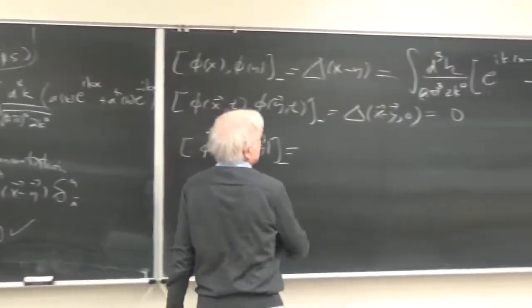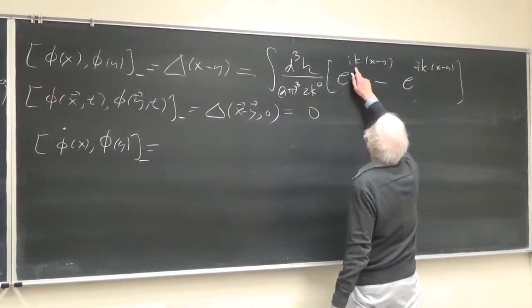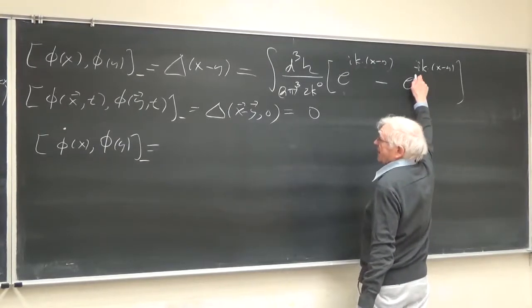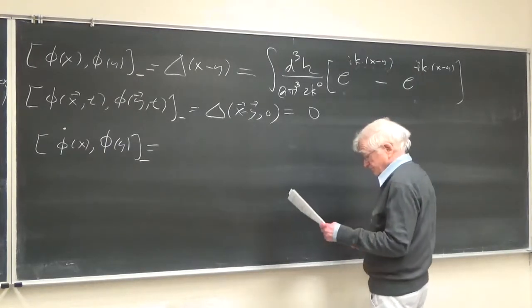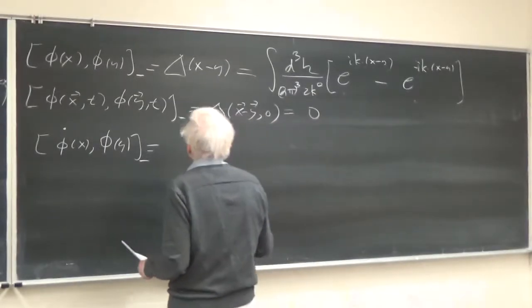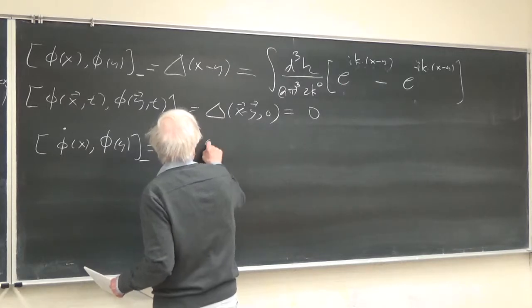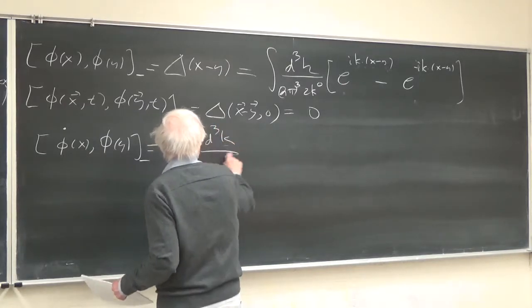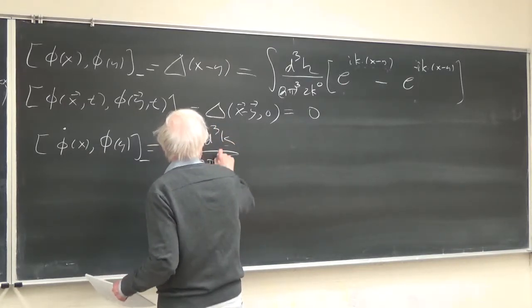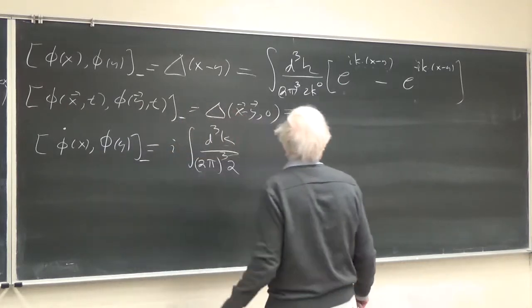Let's take the time derivative of this. Well, then we'll get an I k0 here. We'll also get an I k0 there. And so this will give us an I d cubed k over 2 pi cubed. The k0s cancel.